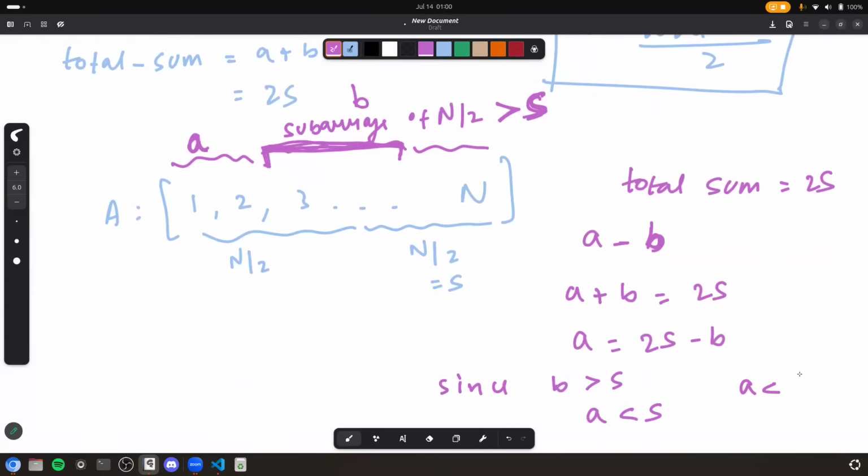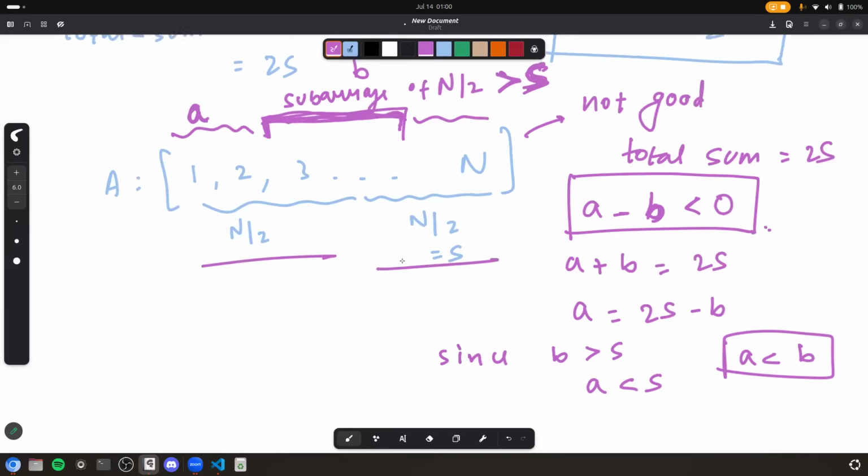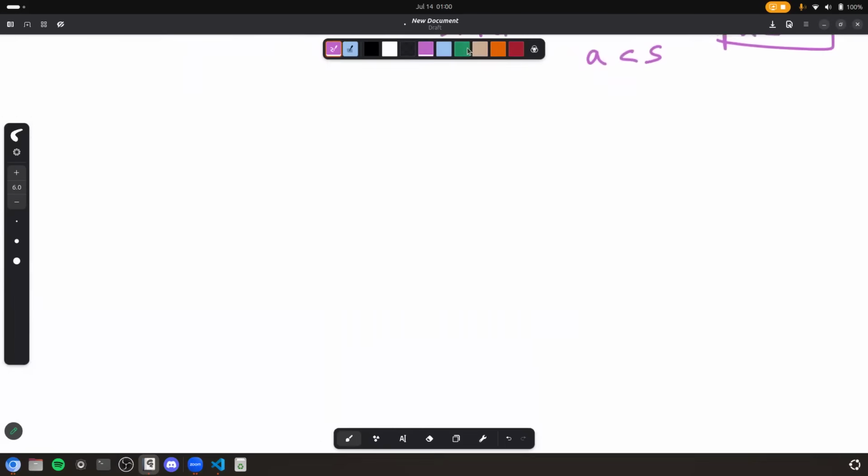So a would be less than b, and so a minus b would be negative, right? So if I find a subarray that has sum greater than s, then this array is good. Even after having the first n by 2 elements and last n by 2 elements with sum s, this array can be made good. So let's generalize this a little bit.